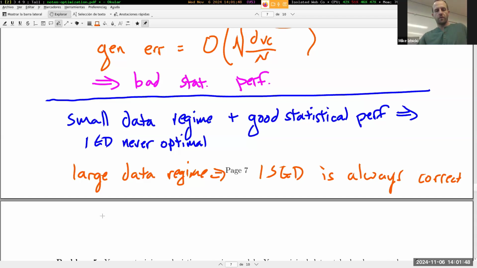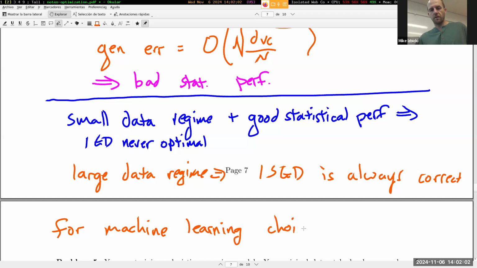So for machine learning, the choice is always between 2 GD or 1 SGD.